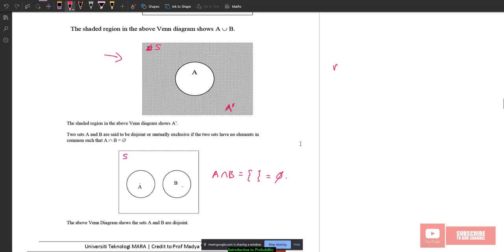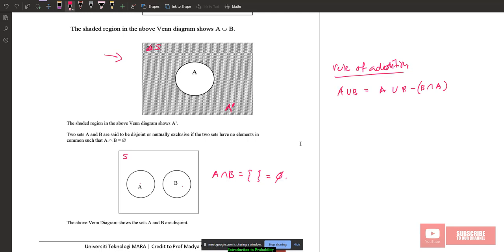We have the rule of addition. Rule of addition, let's say A union B, so A union B minus B intersect A, right?